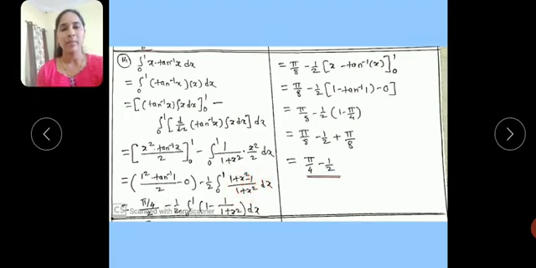At this step we add and subtract 1 in the numerator: 1 plus x square as the denominator, so 1 plus x square minus 1 divided by 1 plus x square dx. Here the value of tan inverse 1 is pi by 4, divided by 2, minus 1 by 2 integration from 0 to 1 of 1 minus 1 divided by 1 plus x square dx.